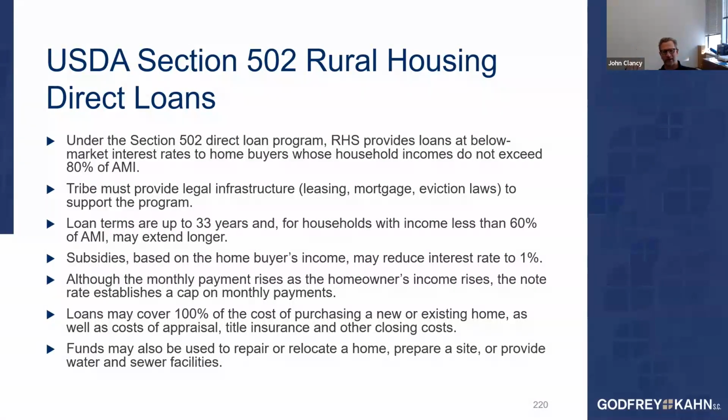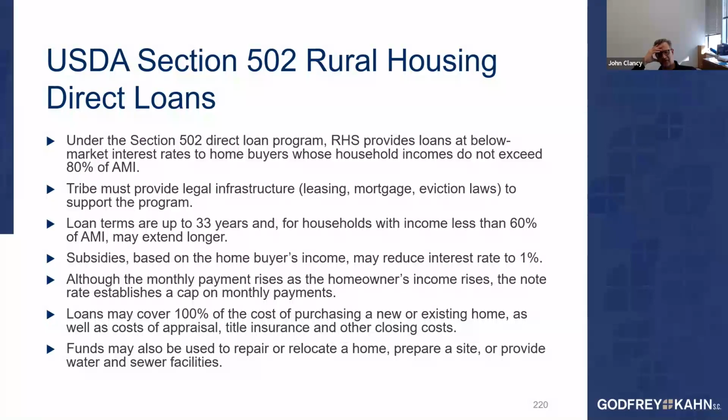So the lower the income, the greater the subsidies, and the closer you get to a 1% interest rate. The rates are potentially significantly lower than market rates, especially now with rising interest rates. So it can make homeownership substantially more affordable.